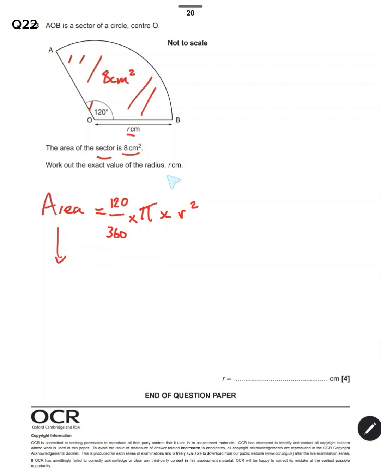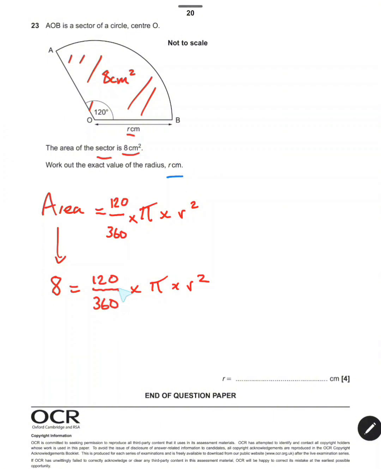We know this area is 8. So I can swap that out and say 8 equals 120 out of 360 times pi times r squared. And now we're trying to rearrange this so we can work out what r is. Because that's the question. What is the exact value of r?